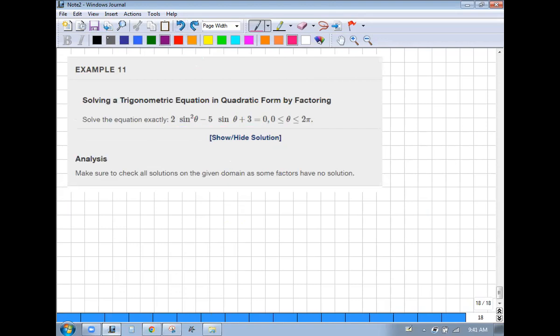This looks like 2x squared minus 5x plus 3 equals 0, where x is sine theta, right? That's what it looks like. Maybe this thing's factorable. May as well just use the quadratic formula, right? I don't want to see if it works out by factoring by grouping. Probably could, but just use the quadratic formula, it'll work.